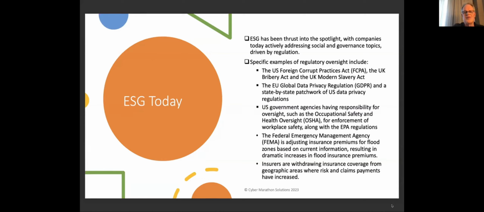I didn't realize I was now living in an area classified as an extreme fire risk because of the changing climate circumstances. So all of this is starting to make its way into insurance and into business practices and having an impact. So increasingly, again, environmental is having an impact.